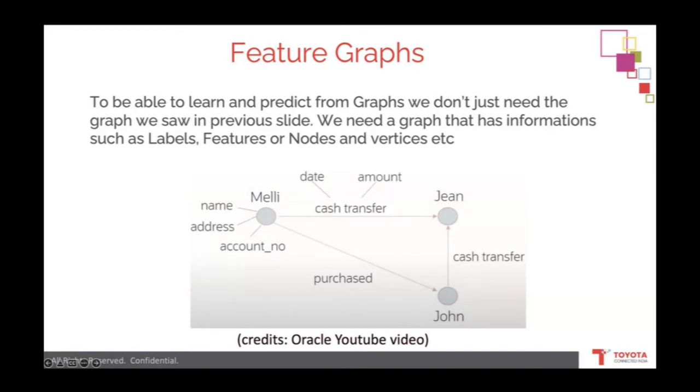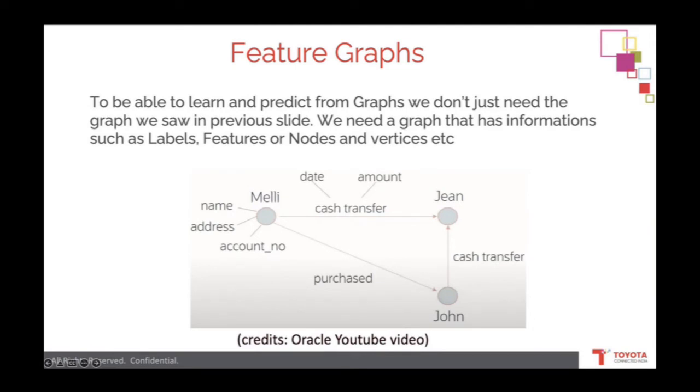The node label should be person, because she is a person sending cash to another person. This could be a computer as well. In the case of automated payments, the label of the node could be a computer or a machine. In this example, all the nodes have the person label, and the person label has attributes such as name, address, account number, or whatever it is. That is the feature vector of the nodes.